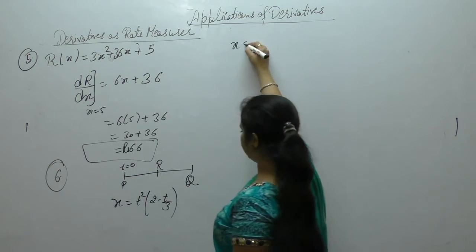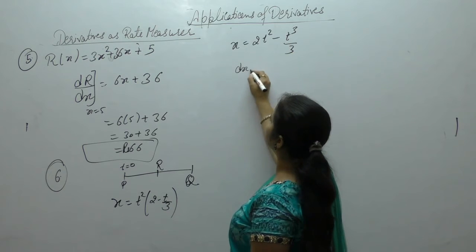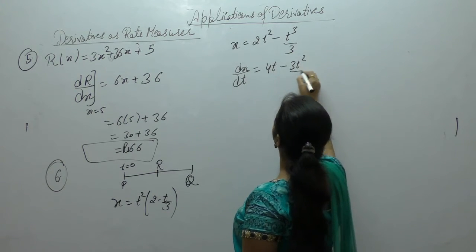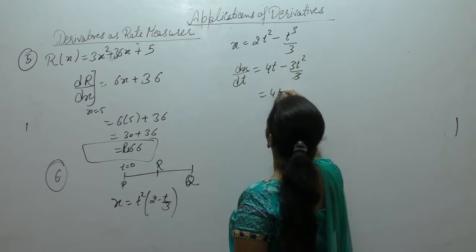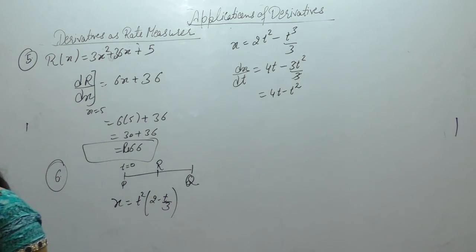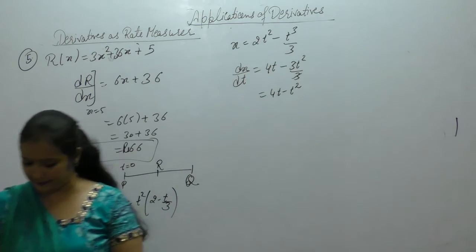x = 2t² - t³/3. Differentiate with respect to t. 2 into 2, 3t² by 3. So we get 4t - t². Write down: this gives the velocity of the car at any time t.